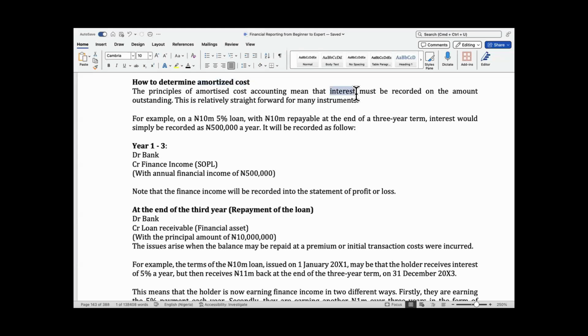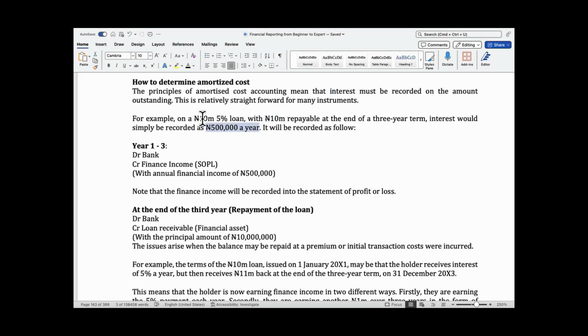So let's look at a simple scenario, then we'll look at a more advanced scenario to determine amortized cost. Let's start with the first one. On a 10 million 5% loan with 10 million repayable at the end of the 3-year term, interest will simply be recorded at 500,000 naira every year. Okay.